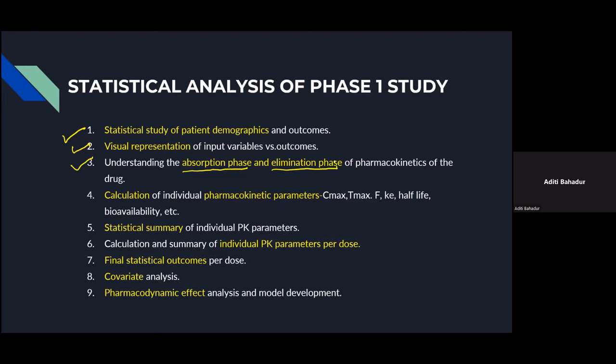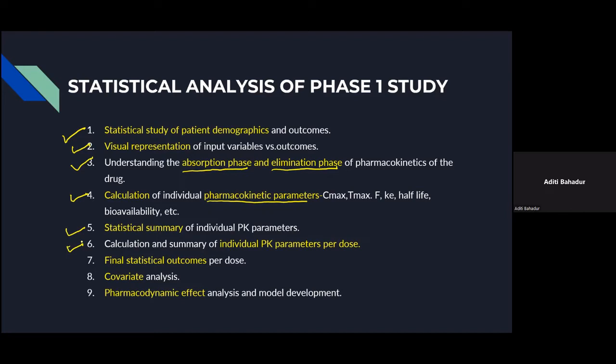This information also helps us in the calculation of individual pharmacokinetic parameters such as Cmax, Tmax, bioavailability, elimination constant, half-life, etc. Since we have an idea of the pharmacokinetic parameters in a group, we can also calculate individual pharmacokinetic parameters, and we statistically summarize them to understand more.